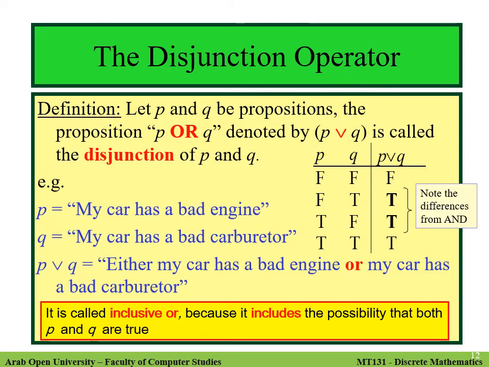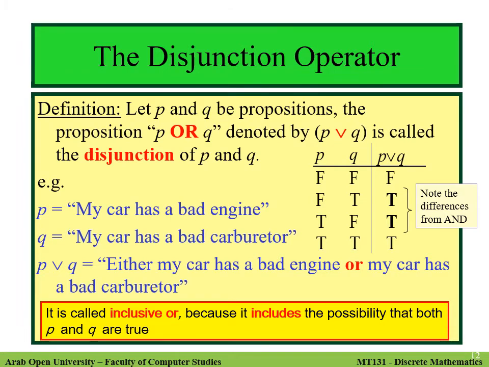Now with this type of statement, for the compound statement P or Q to be true, only one of them needs to be true. One of the propositions needs to be true. In fact, the only case where it is false is if both of them happen to be false. But here is the truth table.